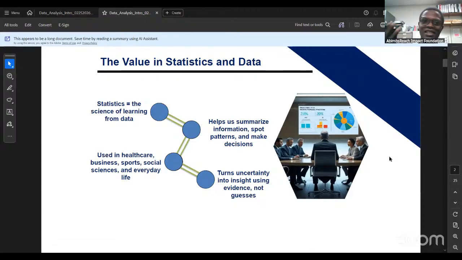This information over time will become data that we can then use to understand the process of seeing that doctor.